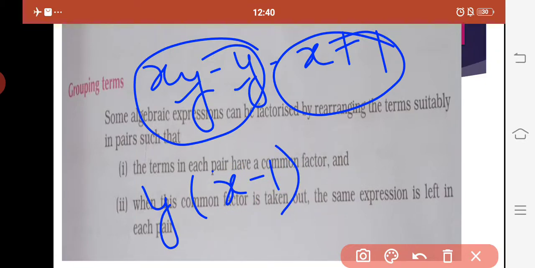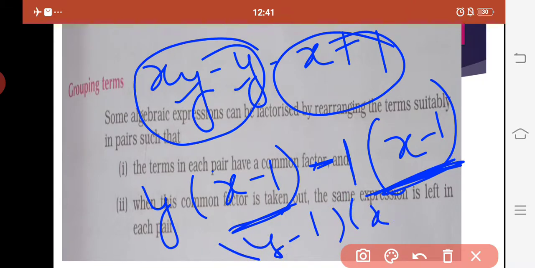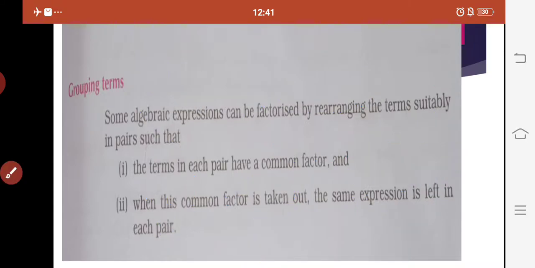And here nothing is common, that means 1 is common. When you don't have any factor common, then we take 1 as common. Now we will take minus 1 as common and we will be left with x minus 1. So whatever factors we are taking out, keep in mind that whatever is left is the same. Then we have y minus 1 as one factor and x minus 1 as the other. Is that clear? So these are the two steps that one needs to follow.